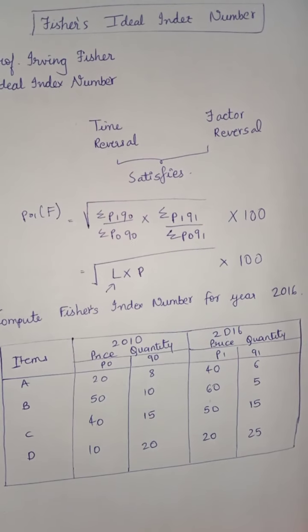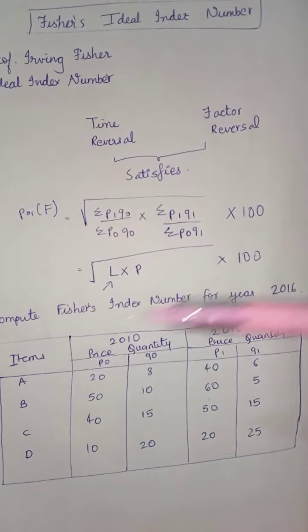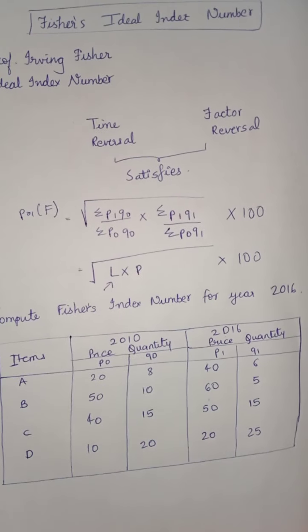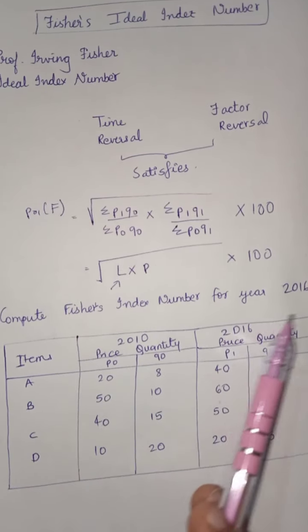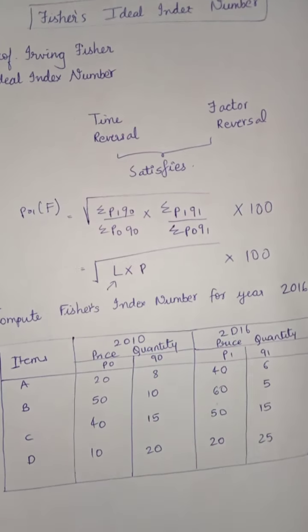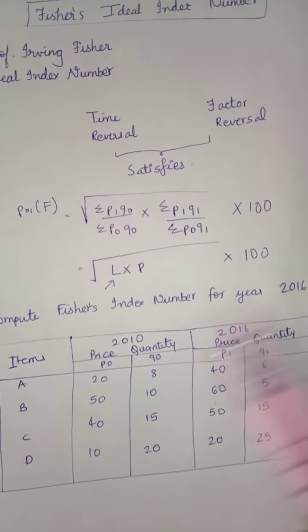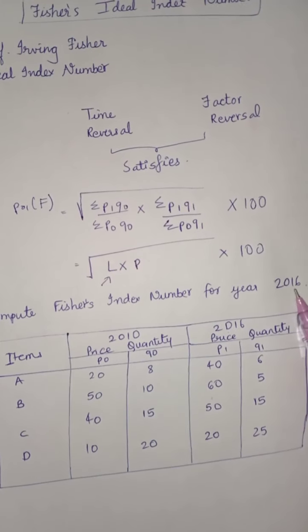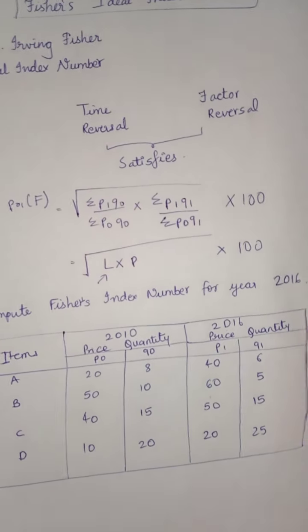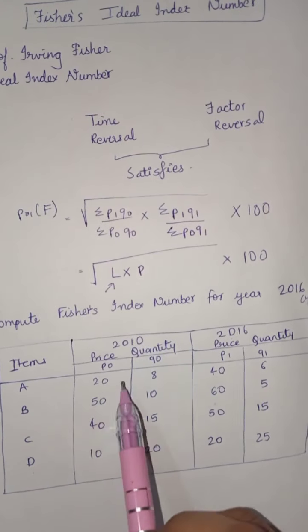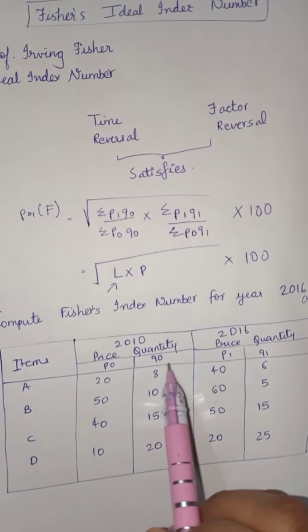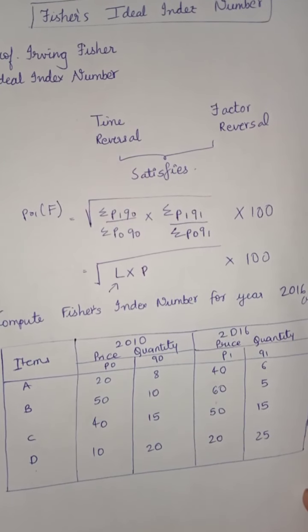So now let us understand how to find the index number using Fisher's method with the help of an illustration. The question is to compute Fisher's index number for the year 2016. Since we are asked to find it for 2016, this forms our current year. For items A to D, P0, Q0 and P1, Q1 are already given.